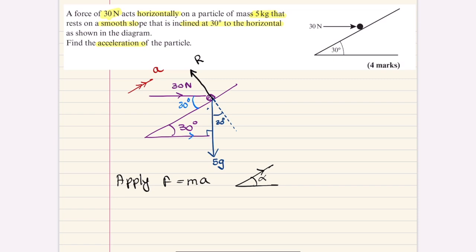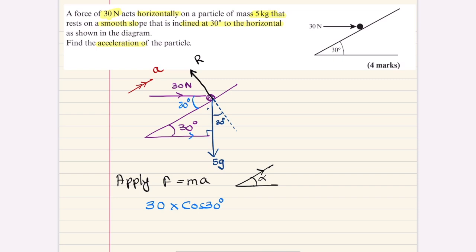Now when you resolve this 30 newtons along the plane, that is going to be 30 cos 30, because when you're going through the angle, it will be cos. When you're going away from the angle, it will be sine. Now we have 30 cos 30.